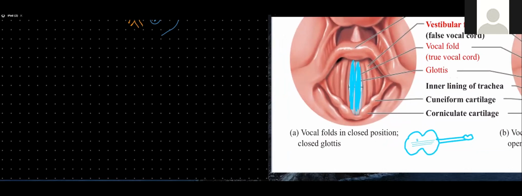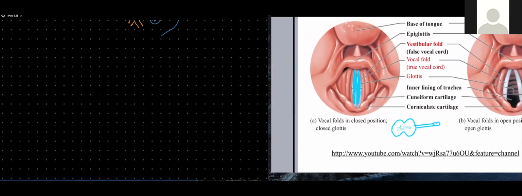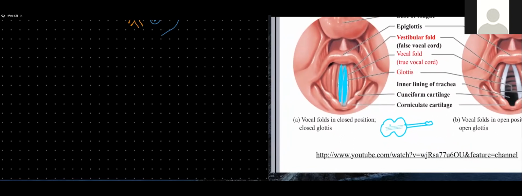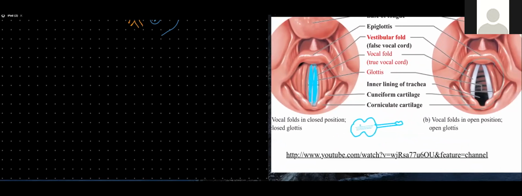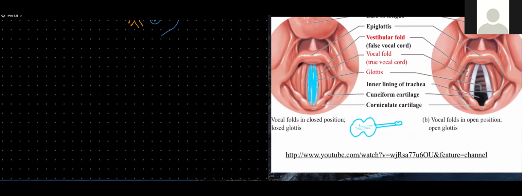So same concept on here when we're dealing with the vocal cords. If you are willing to produce a sound, they shouldn't be either closed like this, or widely open like this. They need to be in between.